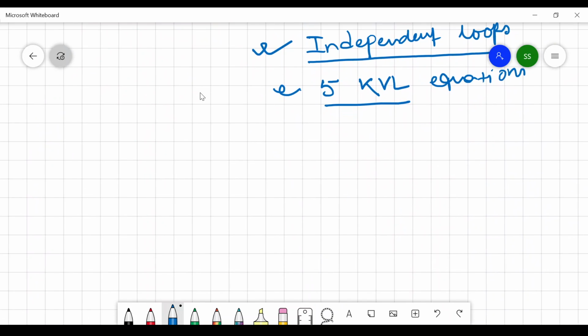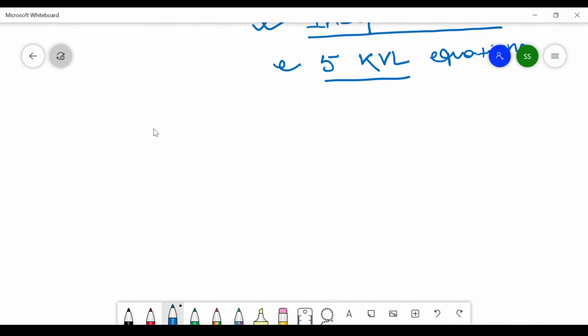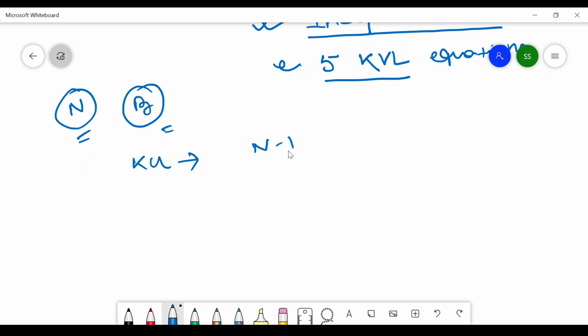So if I start from the beginning, for a circuit with n nodes and b branches, from KCL we get n minus 1 equations, from KVL we get b minus n plus 1 equations, and from the VI characteristics of each branch we get b equations.